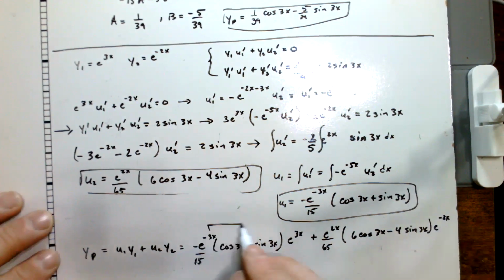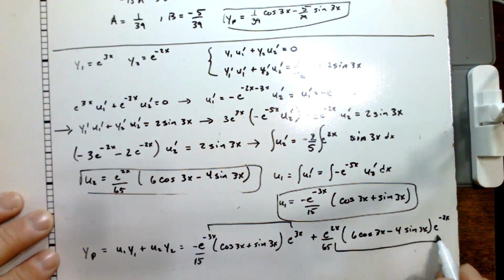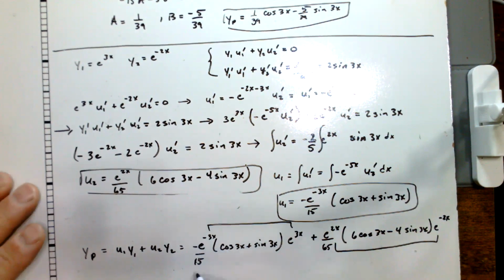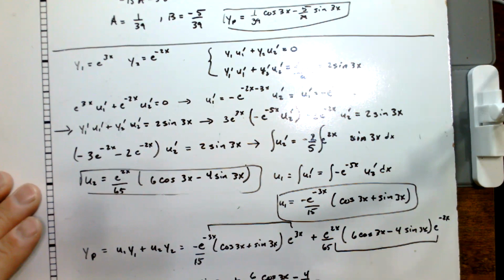Okay, and so what you should notice is that the two exponential terms drop out. Multiplying like bases, you add the exponents, and you get e to the 0. So this literally just becomes distributing through: we get 1/15 cosine 3x, actually minus 1/15 sine 3x, plus 6 over 65 cosine 3x minus 4 over 65 sine 3x.